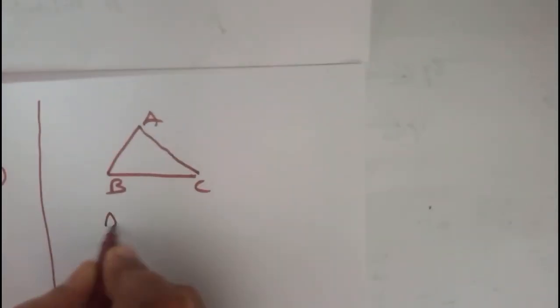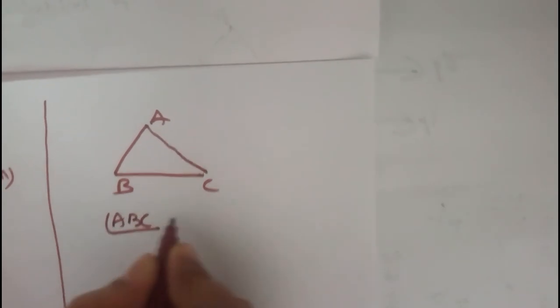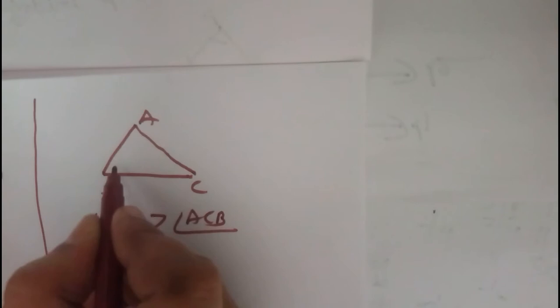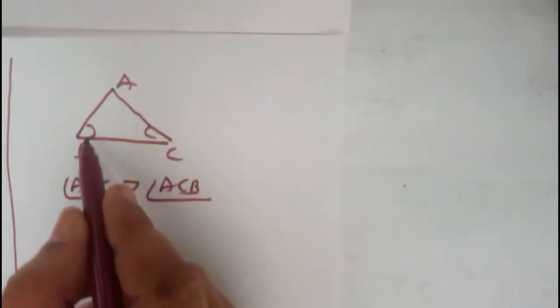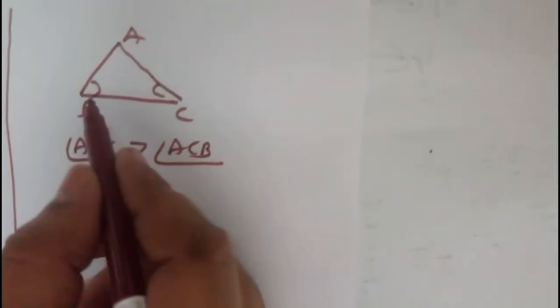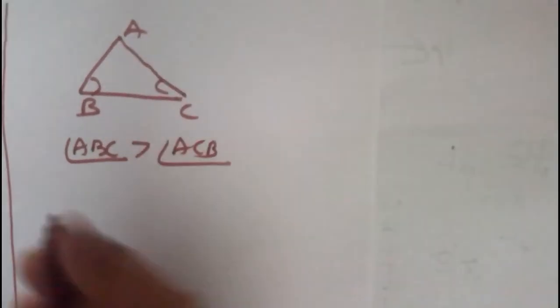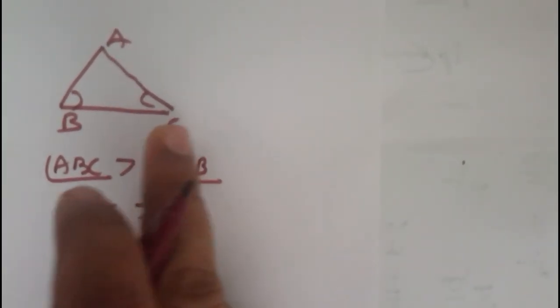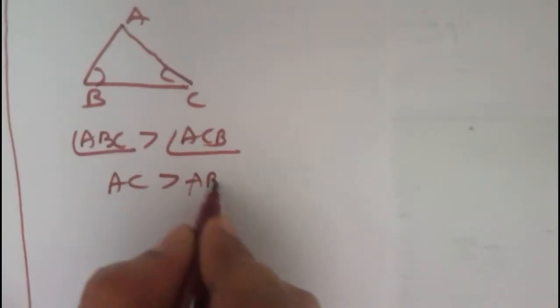Suppose in triangle ABC, angle ABC is greater than angle ACB. Then the side opposite to the greater angle, ABC, is AC. AC is greater than the side opposite to ACB, which is AB.